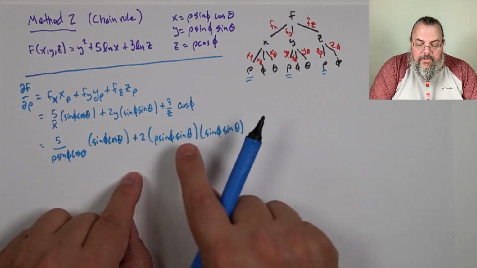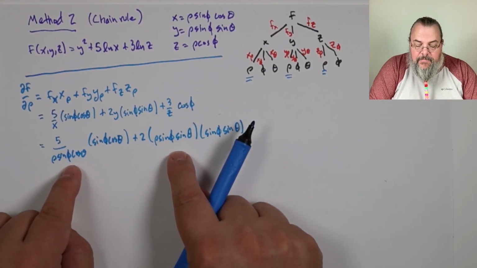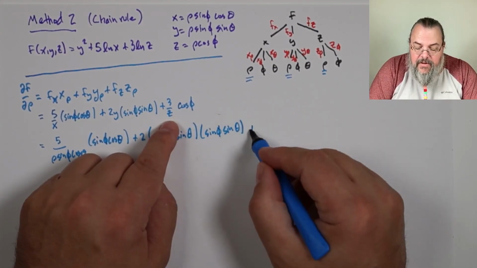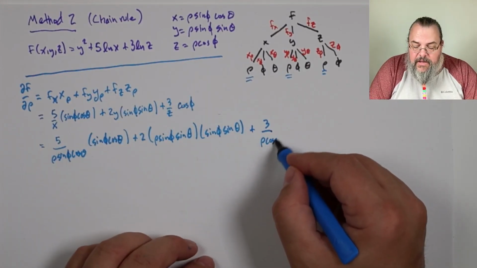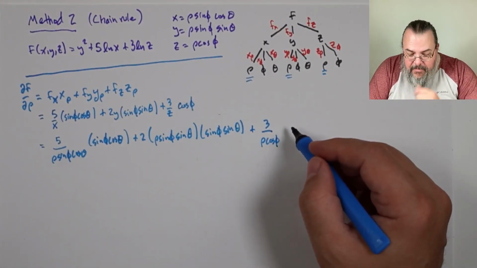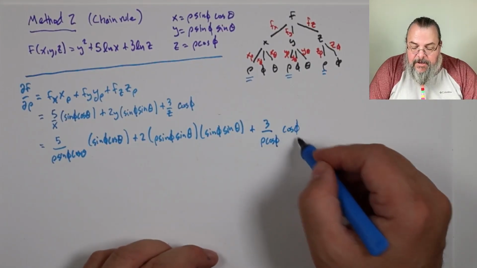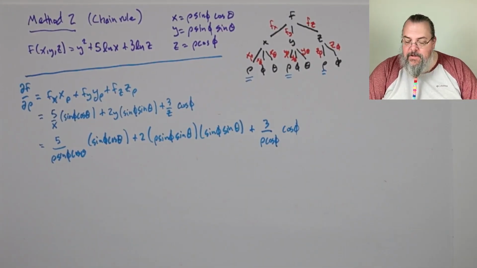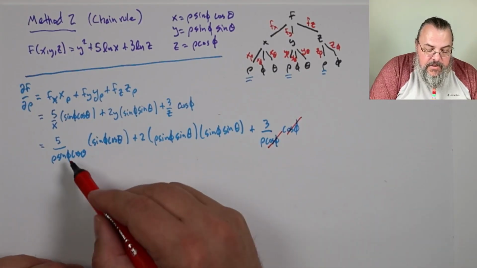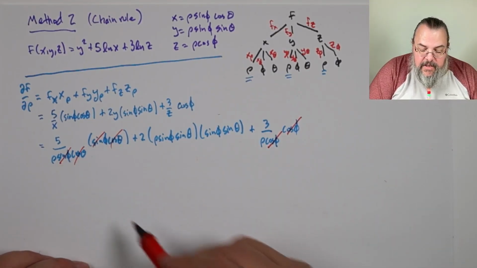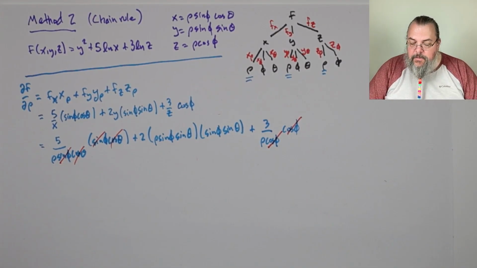Because this is your y, here's your x, plus 3 over z, rho cosine phi, times cosine phi. Well, okay, the cosine phi's cancel. Here, sine phi and cosine theta cancel.